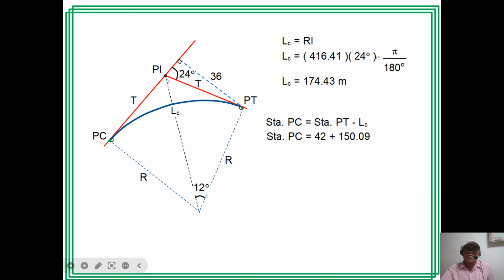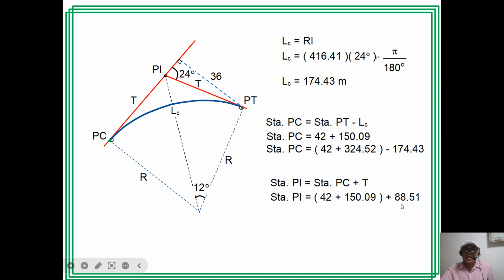Then, to get the station PI, I mixed them up, so let me interchange. Station PT 42 plus 324.52 minus LC 174.43. So that is station PC 42 plus 150.09. Okay. So to get station PI, we have station PC plus T. Then I can get station PI.